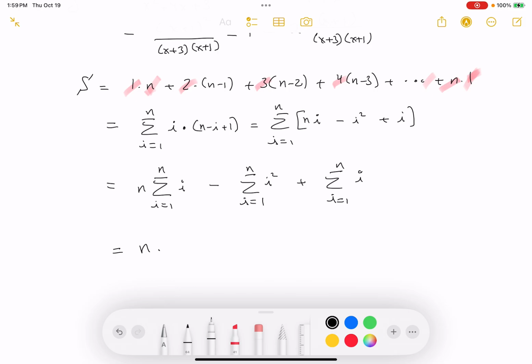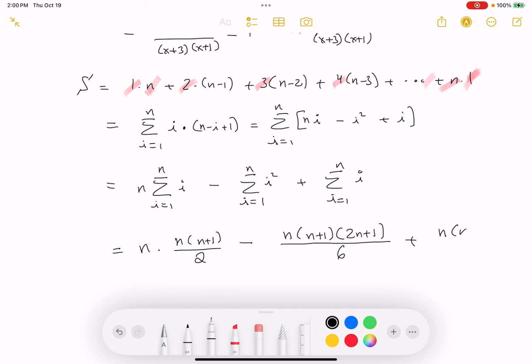You should probably know this, but if you don't, you'd have to give up at this stage. The sum of the integers from 1 to n is n times n plus 1 over 2, minus the sum of the integers squared, which is n times n plus 1 times 2n plus 1 over 6.